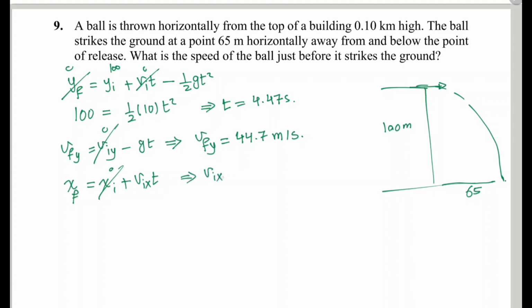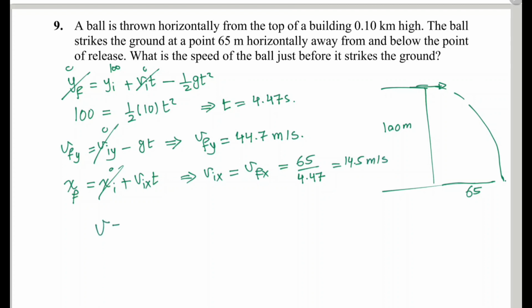So the initial x velocity equals the final x velocity, because acceleration on x is equal to 0, so velocity is constant, so it's equal to 65 divided by 4.47 or 14.5 meters per second.